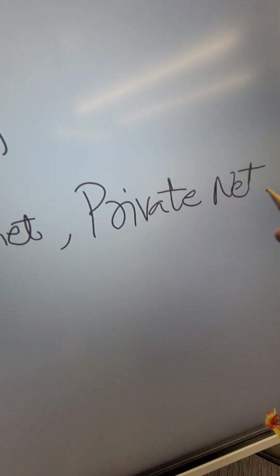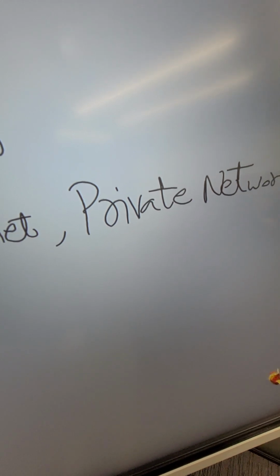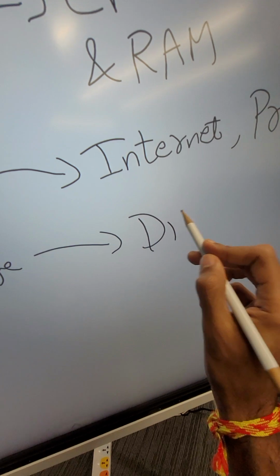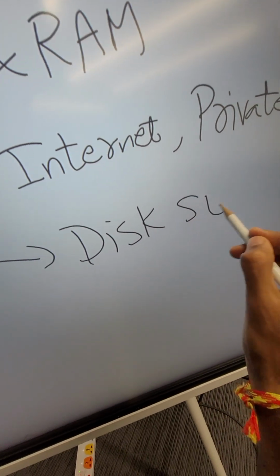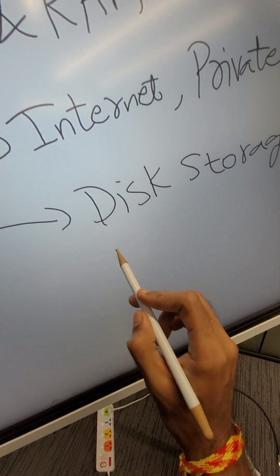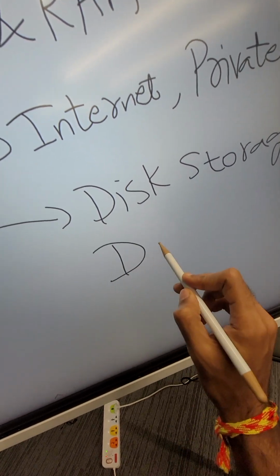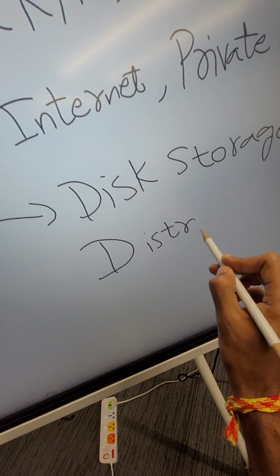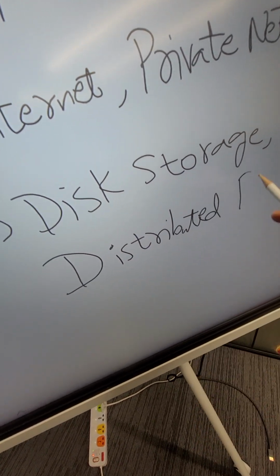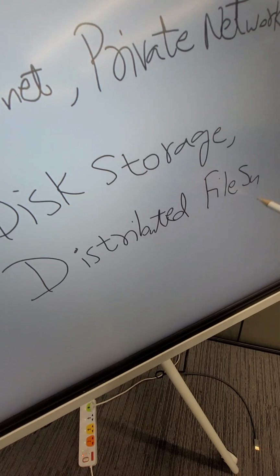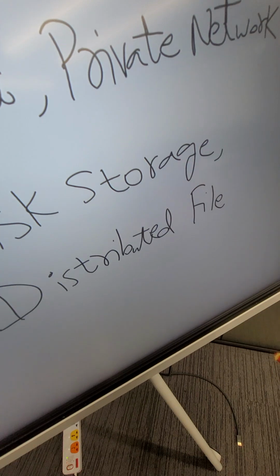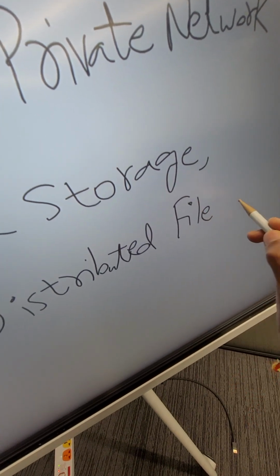I'll probably talk about network stuff in a separate video. Storage is generally the disk storage, and then you might have other storage systems like distributed file systems, DFS. And then stuff like network attached storage, and storage area network, and whatnot.